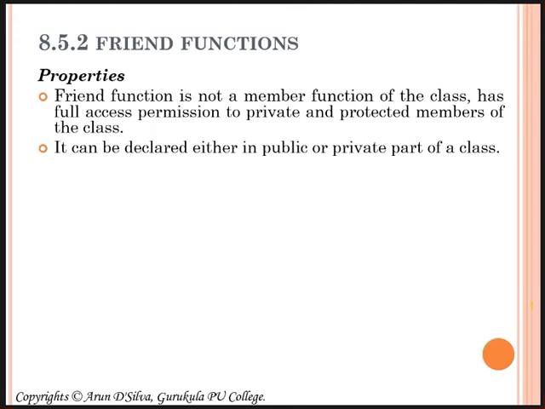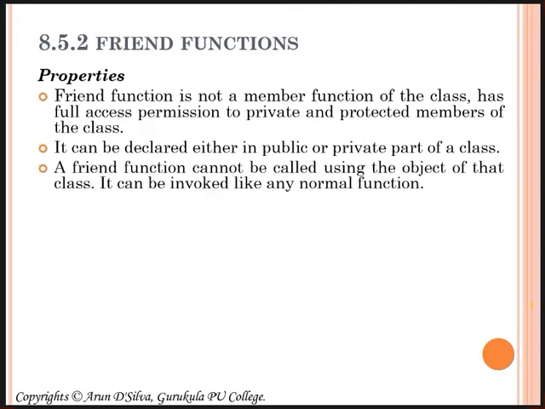Second point: it can be declared either in the public or the private part of the class. Anywhere you declare it, it should be inside the class, that's it. If it is in public, no problem. Private also, no problem. Third property: the friend function cannot be called using the object of that class. It can be invoked like any normal function.